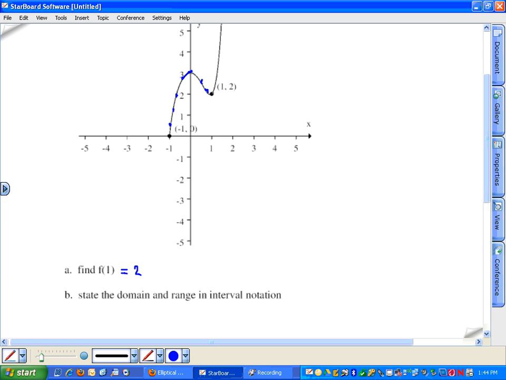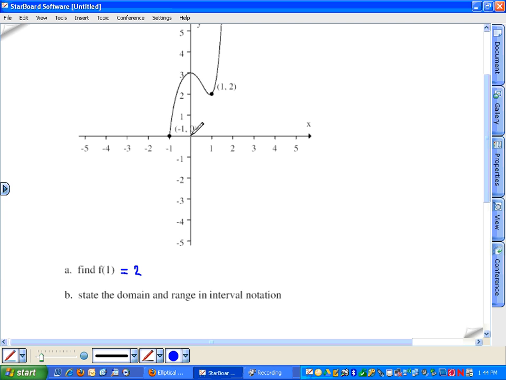All of these points represent outputs. So if we take a look, for example, at negative 5, negative 5 doesn't have any corresponding outputs on the graph. Therefore, it's not an input, it's not in the domain. Neither is negative 4 or negative 3 or negative 2. But once we start at negative 1, as an input it has an output at 0.